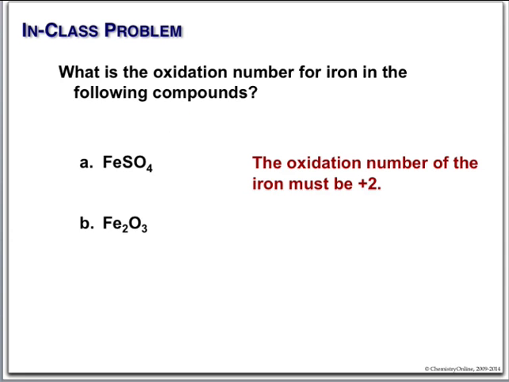Oxygen, we know, is always going to be -2. We have 3 of them. That's 6 negatives, right? We have 2 irons. In order to make this 6 positives, the iron must be +3.